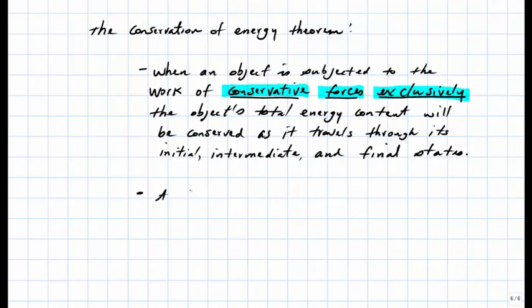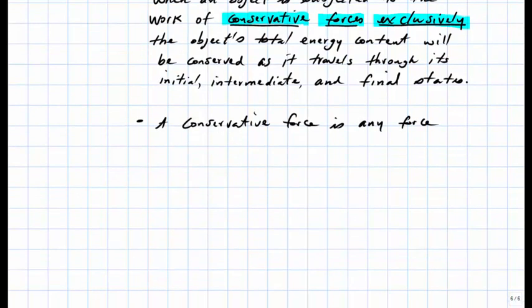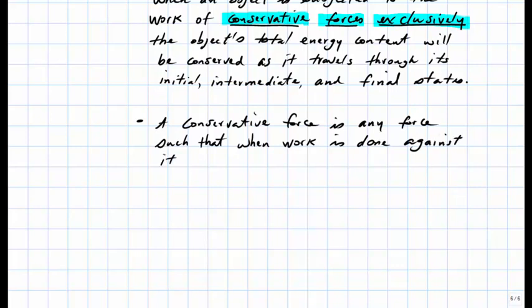A conservative force is any force such that when work is done against it, that work is stored as potential energy.